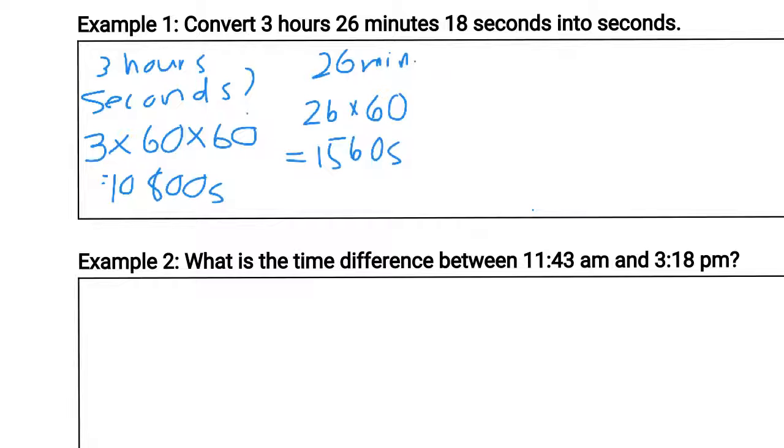So I've broken this up. I found out that in 3 hours, there are 10,800 seconds. In 26 minutes, there are 1,560 seconds, and obviously in 18 seconds there are 18 seconds. Adding all of those together should give me the total amount of seconds in 3 hours, 26 minutes, and 18 seconds.